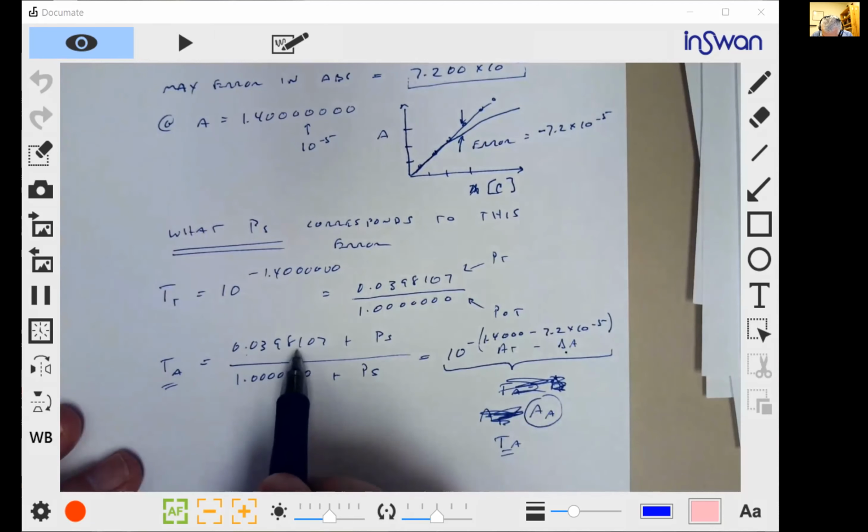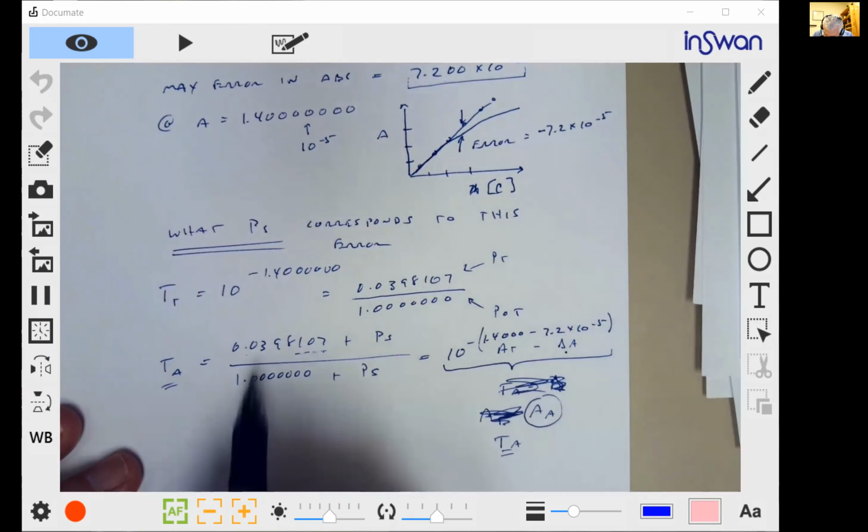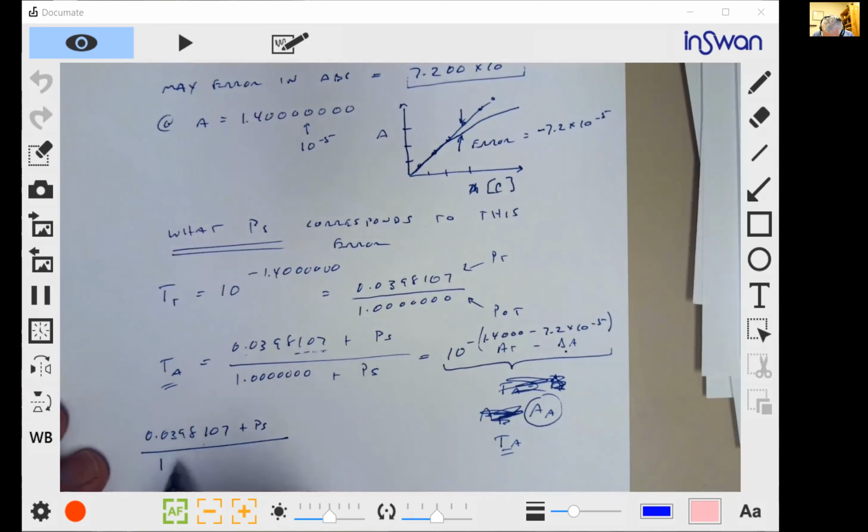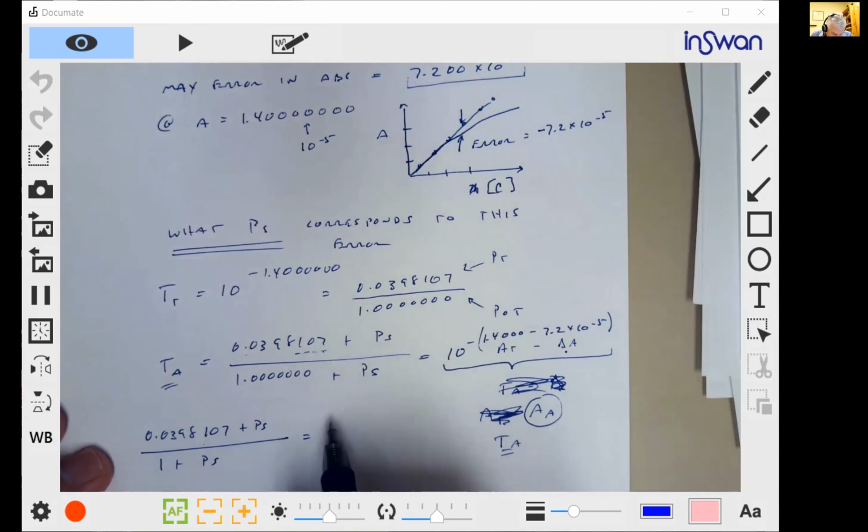398173. So the difference is in these three digits here. So this is 0.0398107 plus PS over 1 plus PS is equal to 0.0398173.